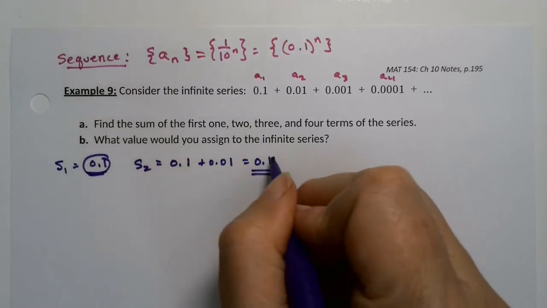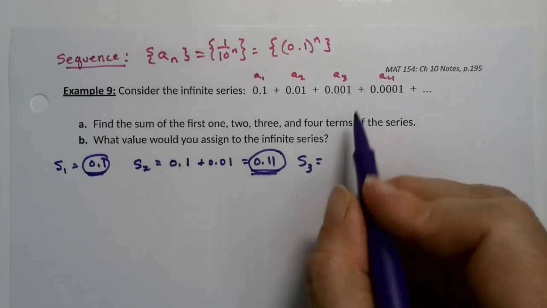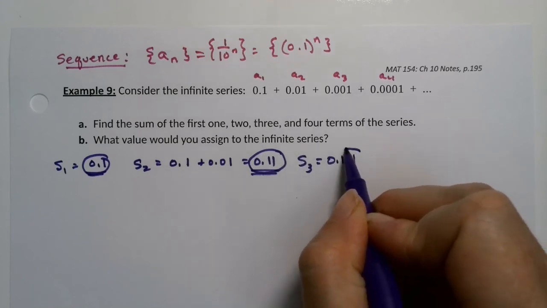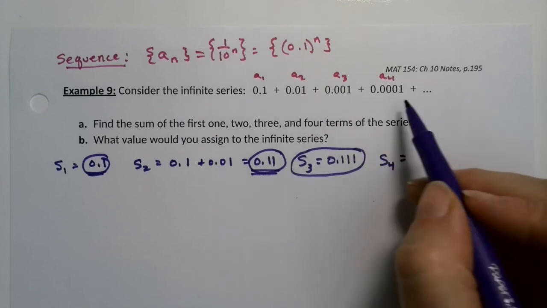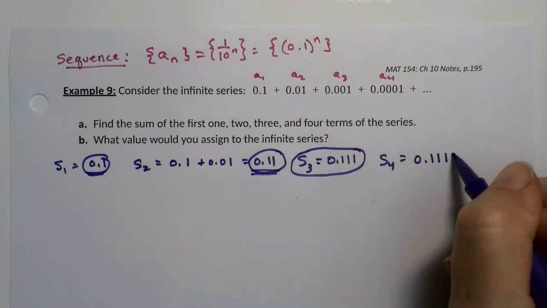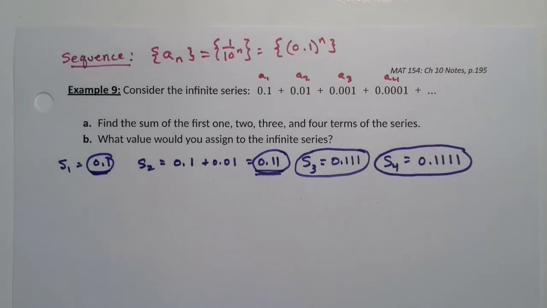S3 is adding the first 3, which is 0.111. S4 is adding the first 4, which is 0.1111. So not much there. That's fine, so we got part A done.